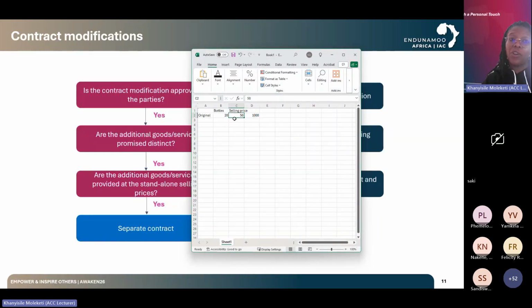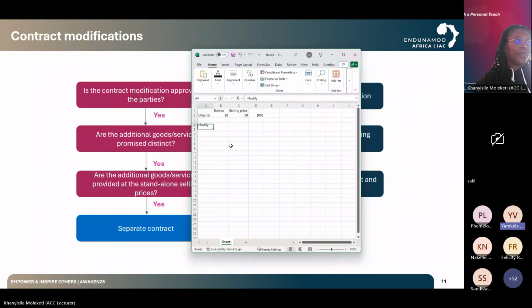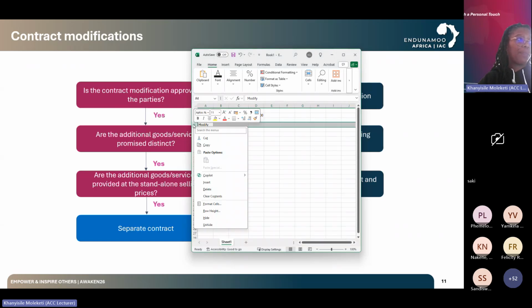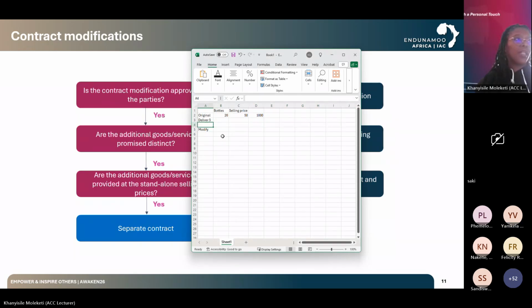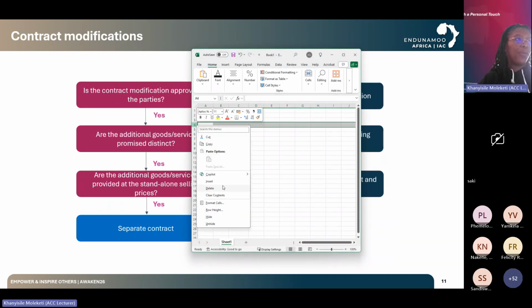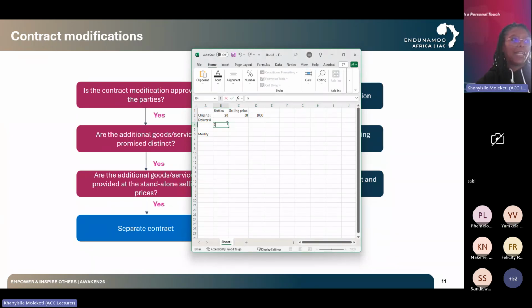So unit price was still 50 Rand per bottle. Then we modify. Or let's say first we deliver 5. So what that means is we've then recognized revenue of 5. Sorry, let me just do it here.